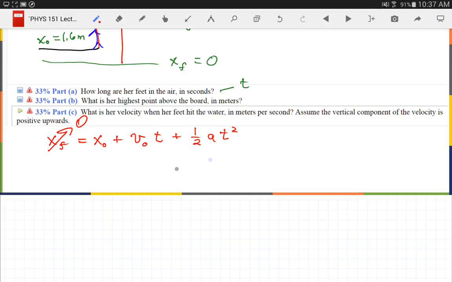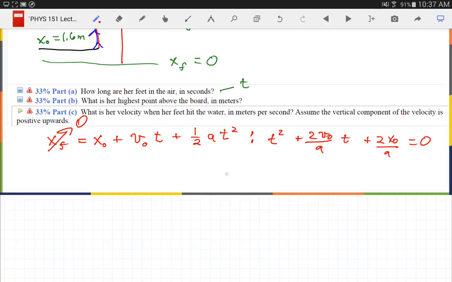So I always rearrange it personally. You don't have to do it like I do it. I rearrange this so I have time squared, which means I'm multiplying everything by 2 and dividing by a, plus 2 initial speed over a t, plus 2x0 over a equals 0.